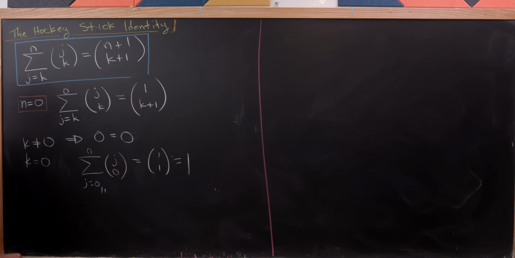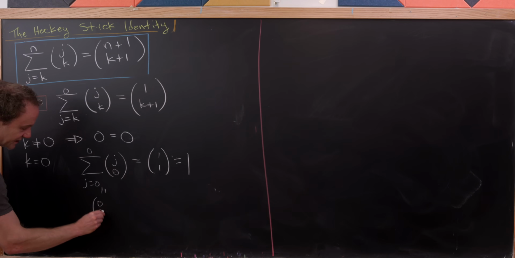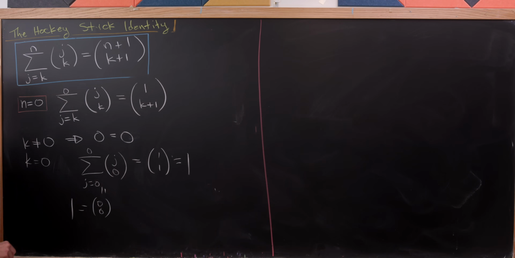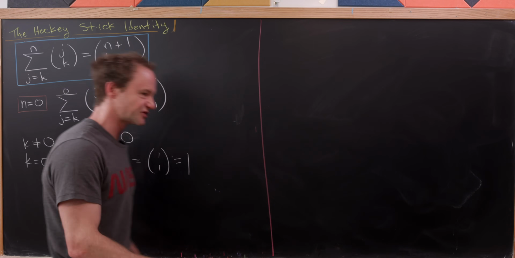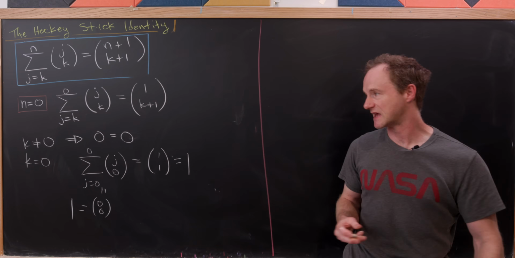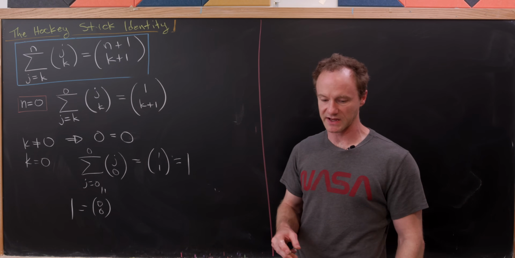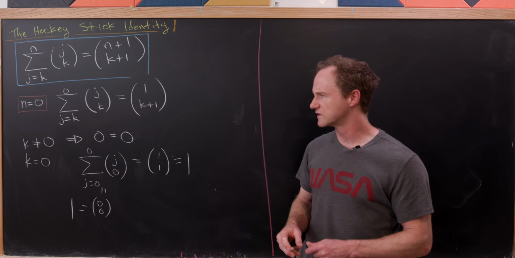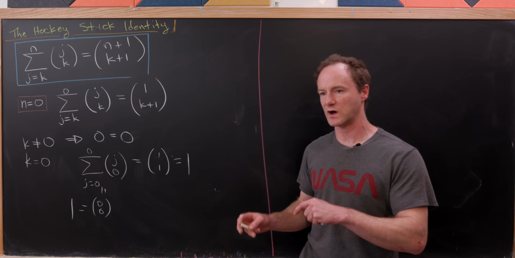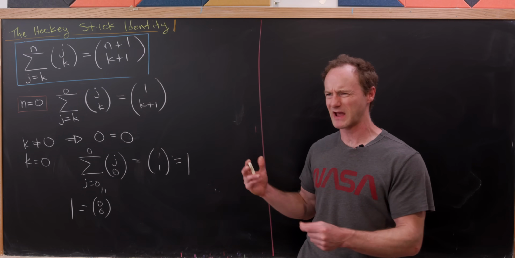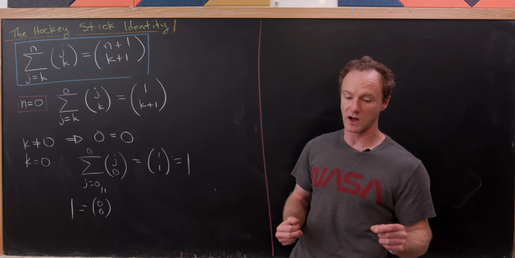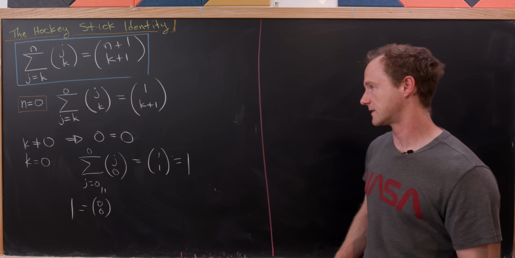But then the left-hand side of the equation is simply 0 choose 0, which is also equal to 1. So again, we've got a true equation here, which means our base case, the n equals 0 case, is satisfied. If you're psyched, you could check the n equals 1 and 2 cases by hand, and that might give you some more intuition of what's going on here, but we're not going to do that.